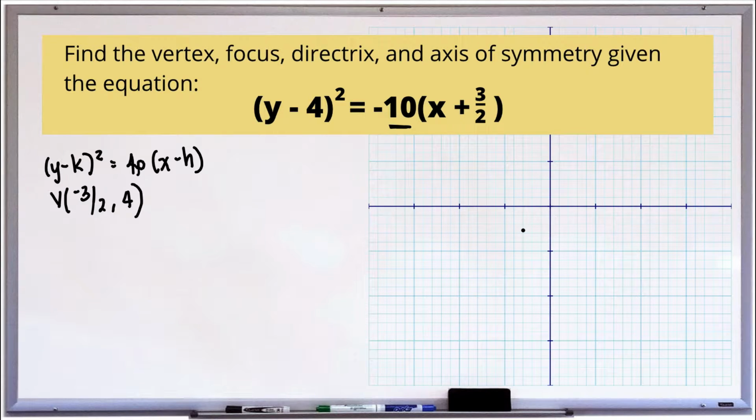The axis of symmetry of a horizontal parabola is also a horizontal line that passes through our vertex. If our vertex is plotted on a Cartesian plane, it would be placed here. Therefore, our axis of symmetry will be this line at y equals 4.